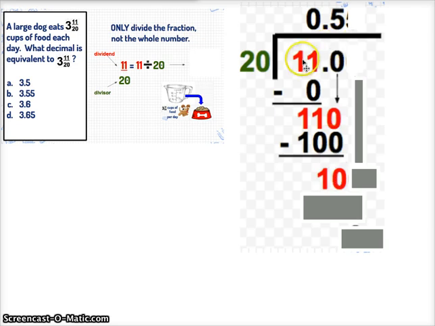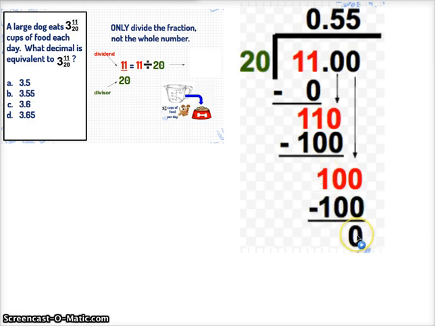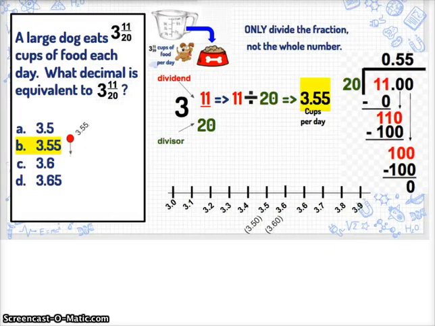Since I have a remainder, I rewrite 11 and 0 tenths as 11 and 0 hundredths. Bring down the 0. And 20 goes into 100 5 times. 5 times 20 is 100. And I have no remainder. So I know that the decimal part of my answer is 55 hundredths.